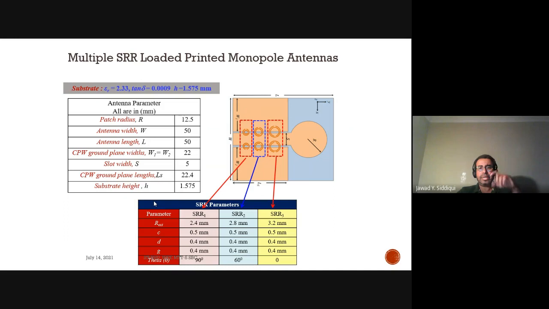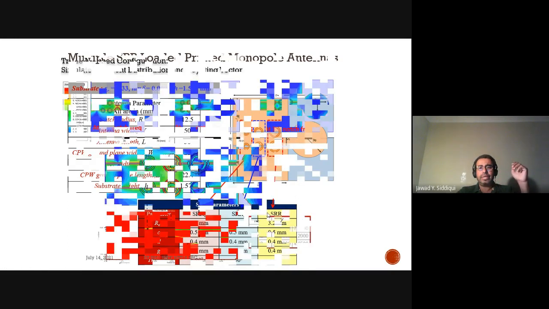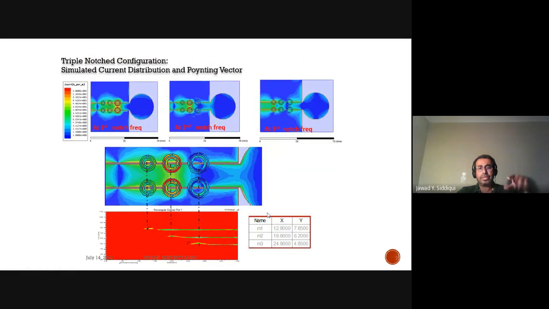As you can see, 3 distinct SRRs with different rotations of the inner ring with respect to the outer gap, with 60, 90, and 0-degree rotation, yield 3 distinct notches in the frequency.